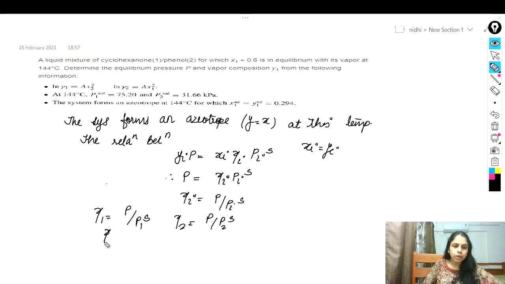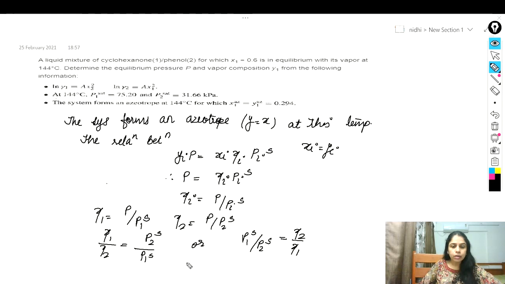So P gets cancelled, and you will get gamma 1 upon gamma 2 is equal to P2s upon P1s, or similarly you can write P1s upon P2s is equal to gamma 2 upon gamma 1, and this relation we are going to use later.